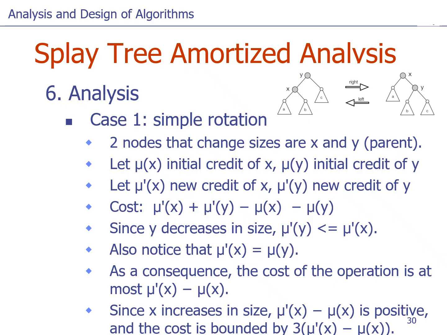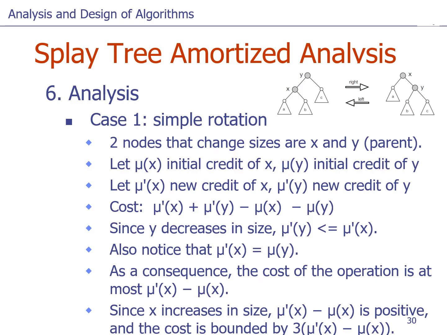So I'm going to call mu dash X the new credit of X, and mu dash Y the new credit of Y after I make display. So the cost is going to be mu dash X plus mu dash Y minus mu of X minus mu of Y.